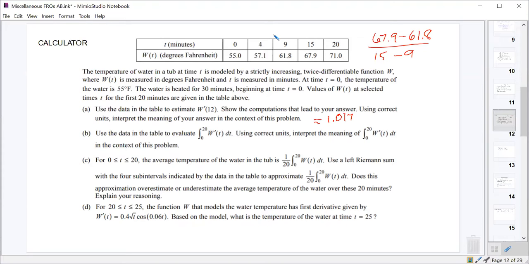Yeah. And then let's see, interpret the meaning of this. Well, this is the derivative of the temperature, right? So that should be the temperature is increasing at 1.017 degrees Fahrenheit per minute at 12 minutes.